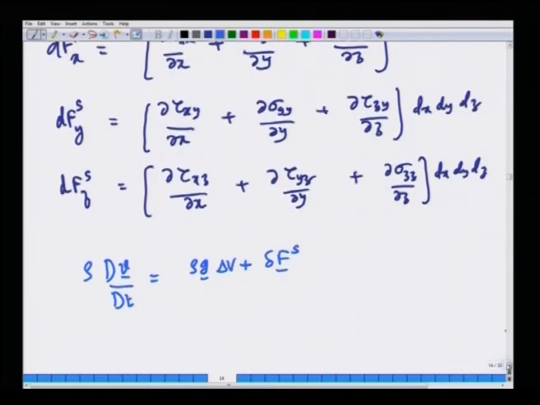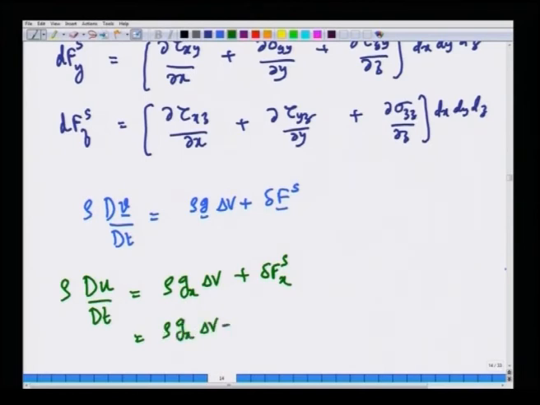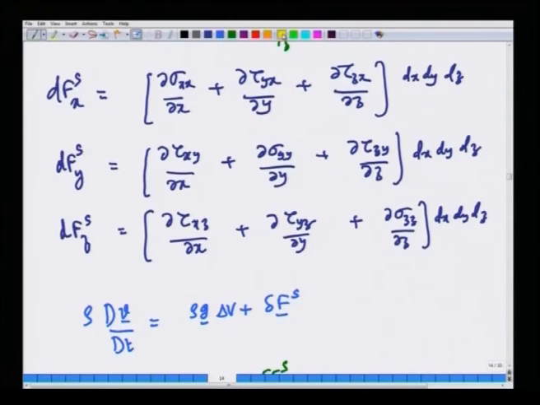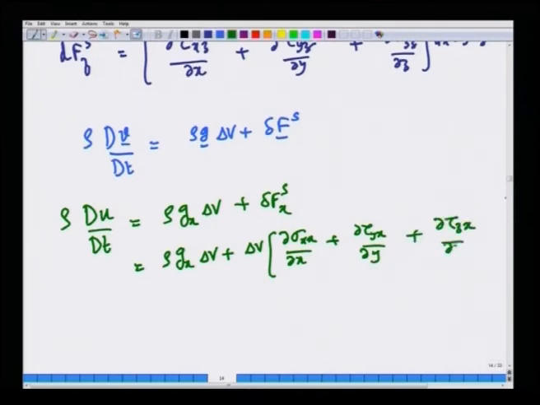If I now write the various components for the sake of clarity, rho du/dt is rho g_x, the x component of gravity, times delta V, plus delta F_sx, which we just derived, is delta V times (d sigma_xx/dx plus d tau_yx/dy plus d tau_zx/dz). So, you can see that this is the x component of the differential momentum balance.